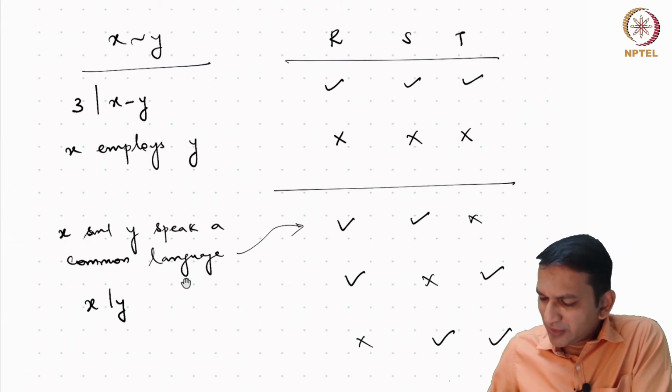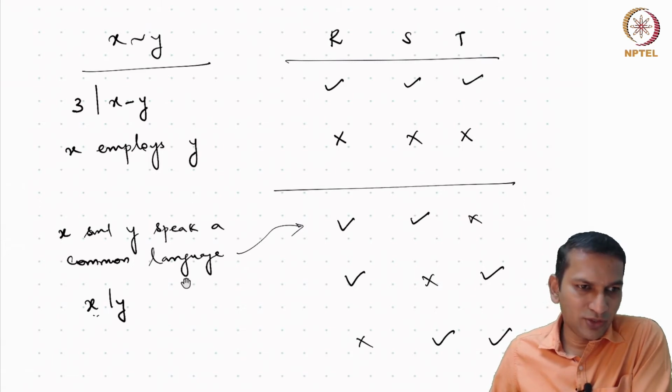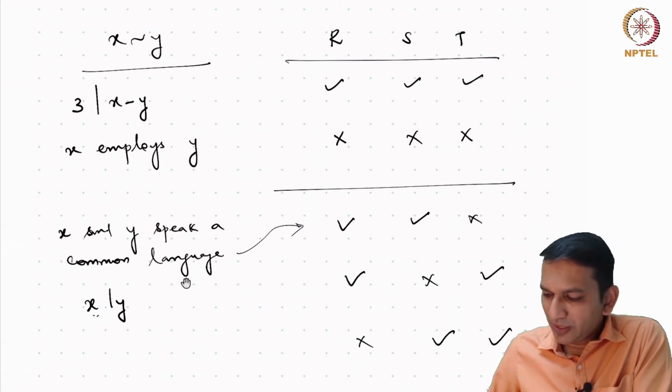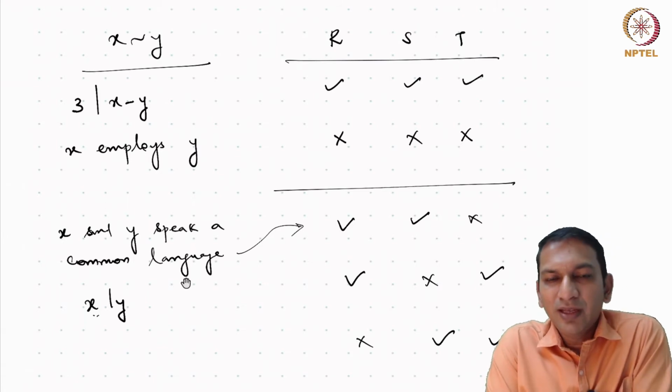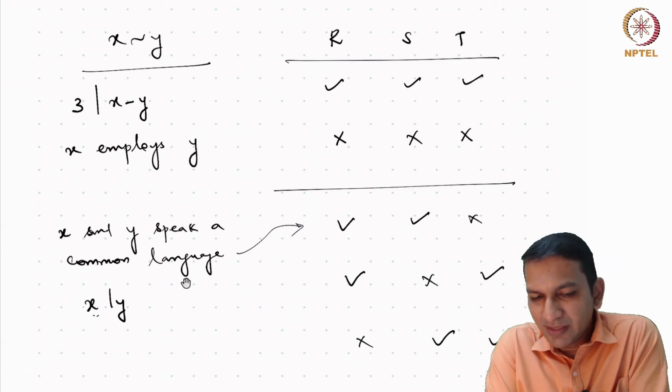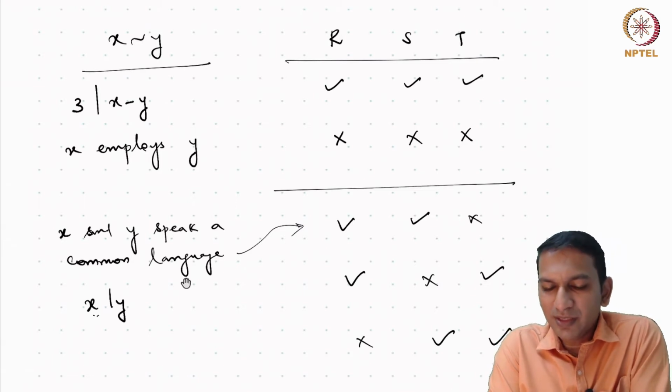So now it is clear that x divides himself, so it is reflexive. x divides y does not mean y divides x, so it is not symmetric. If x divides y and y divides z, then obviously x divides z. So clearly, it is a reflexive transitive relation which is not symmetric.